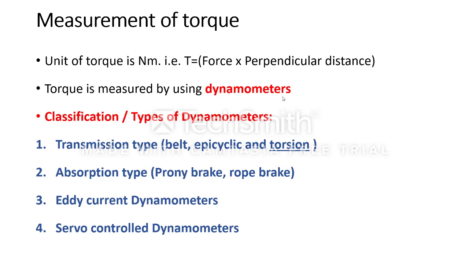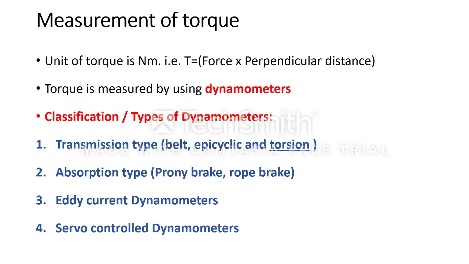If you determine the torque transmitted, you can determine the power of the engine. If you have any kind of bike or scooter, in the specification the torque is mentioned. Suppose torque is 10 Newton meter, or 13 Newton meter. It is designated, specified by the manufacturers.